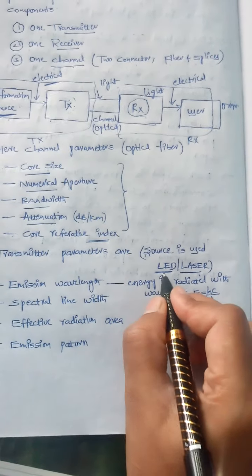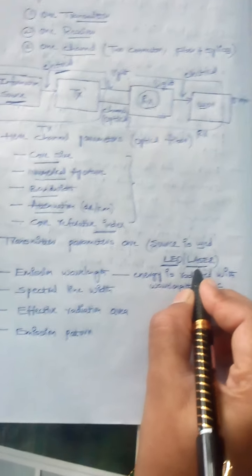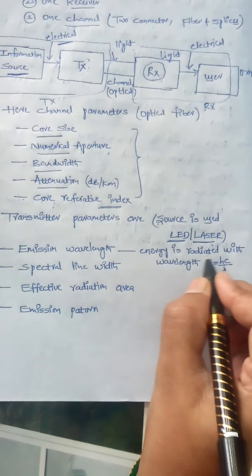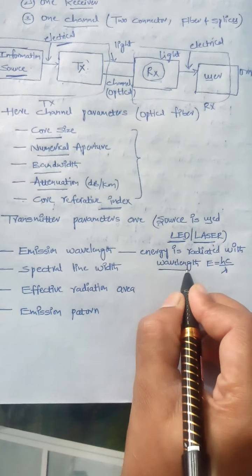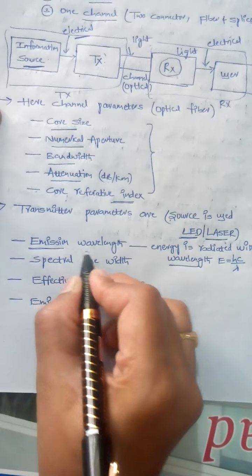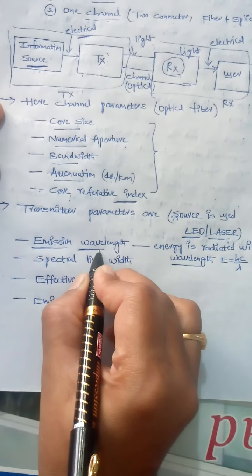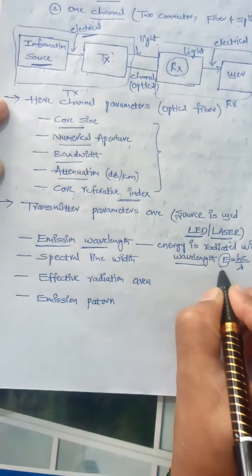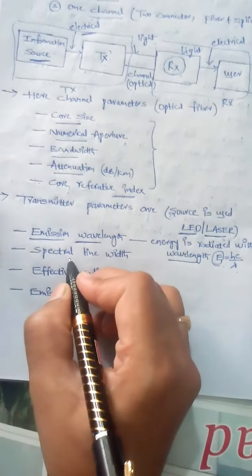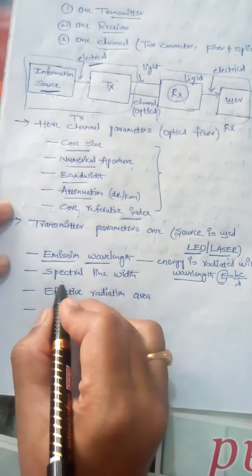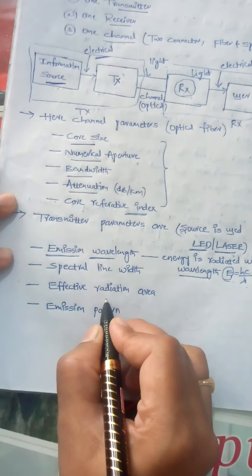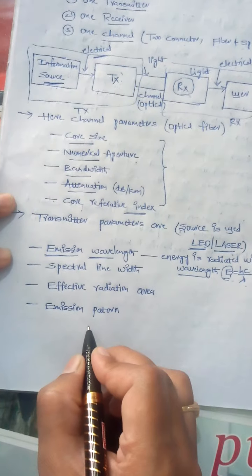Their energy is radiated at an emission wavelength, and the emission energy is equal to hc by lambda. The transmitter parameters are spectral line width, effective radiation area and emission pattern.